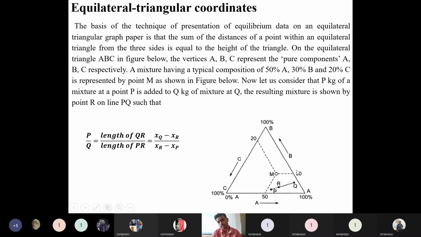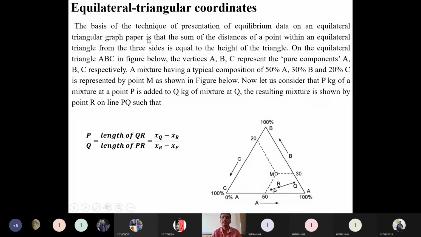It says that if you consider the length of this line as A, this line as B, and the length of this line as C, then A plus B plus C is equal to the height of this triangle. When you sum up all three lengths, you get the height of the triangle.